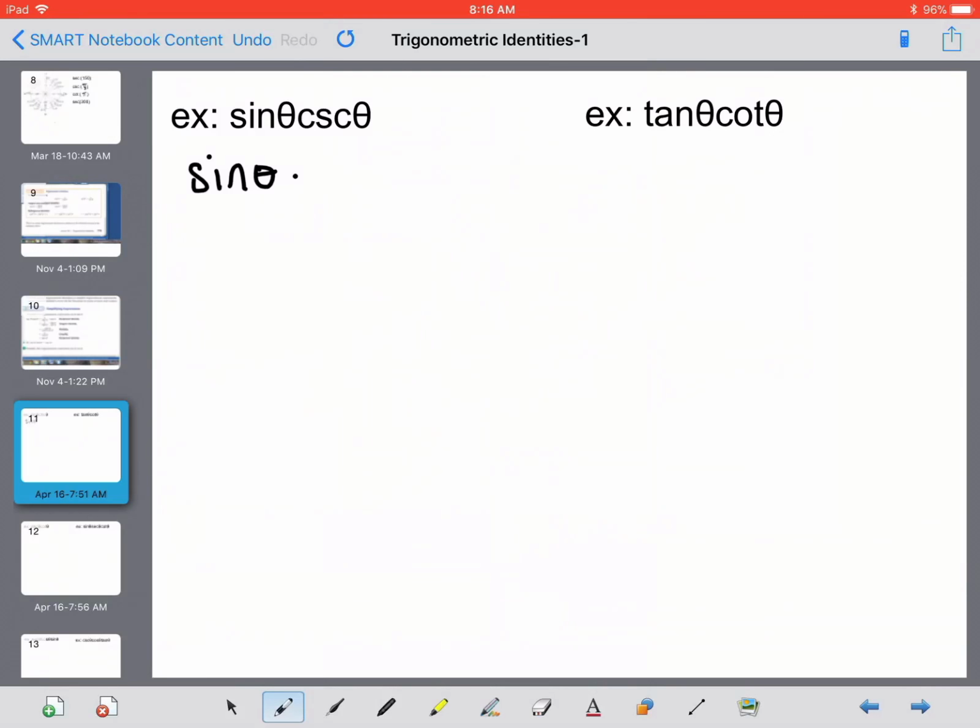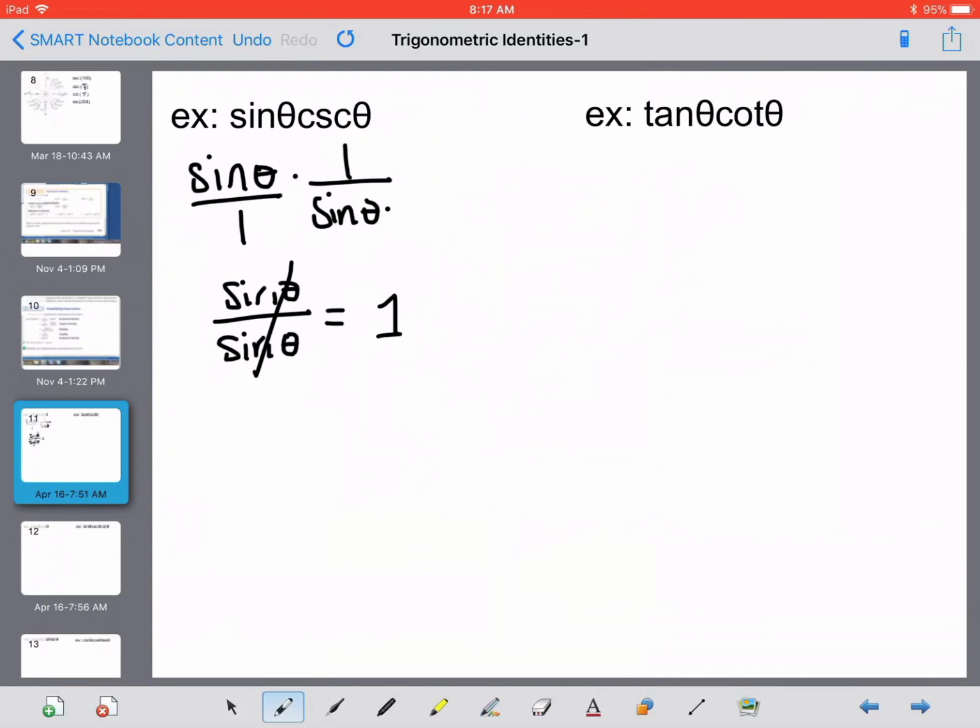Cosecant, remember, is 1 over sine theta. If you want to put that sine theta over 1, you can, and then multiply across. Sine times 1 is sine, 1 times sine is sine. Nice and easy. This cancels out, and that ends up being 1.